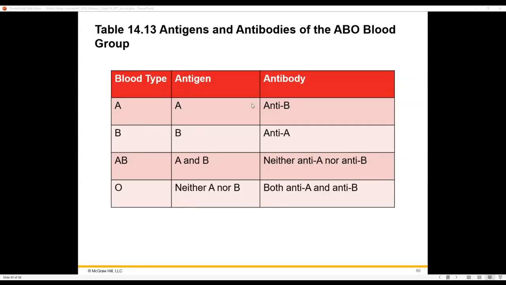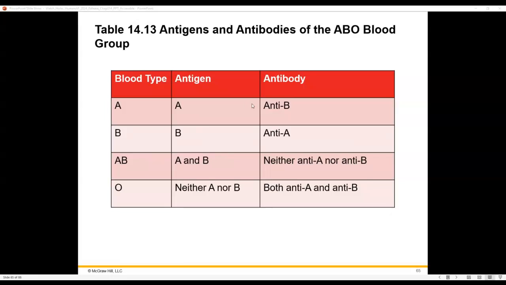So if you are a blood type A, you have the A antigen, and therefore you're going to produce an antibody to what you don't have, which is B. So you're going to produce anti-B antibodies. If you're blood type B, you have a B antigen, you're not going to react against yourself, so you're not going to produce anti-Bs, but you will produce anti-As.